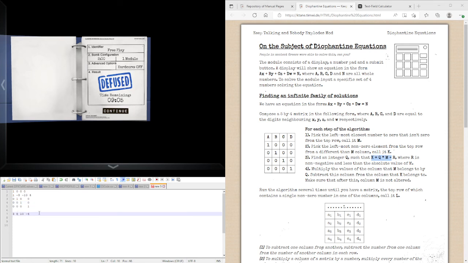Say with this example, 3, the k is going to be 8, for example, which equals some q times 3 plus some r. Well, we can have 2 and then plus 2. 2 times 3 is 6 plus 2 is 8. So we're going to be subtracting the product of these, ignoring this bit, and then this number will become the r.